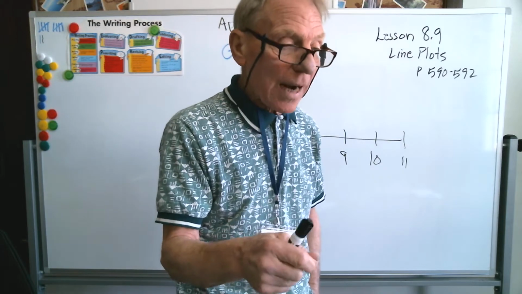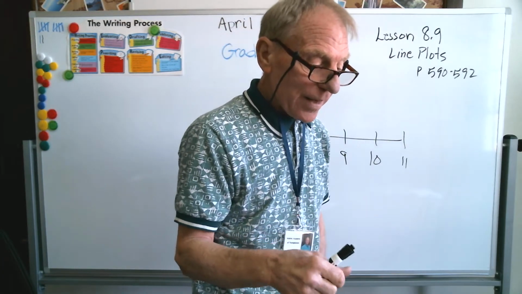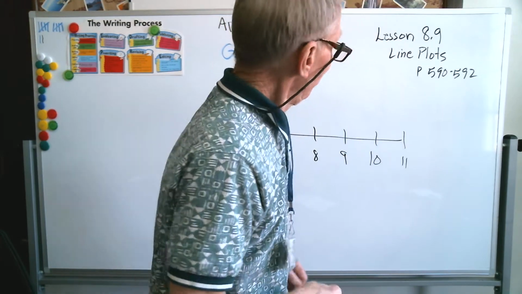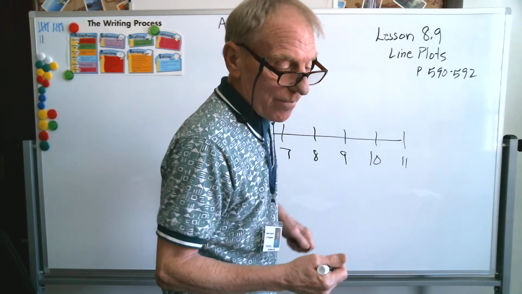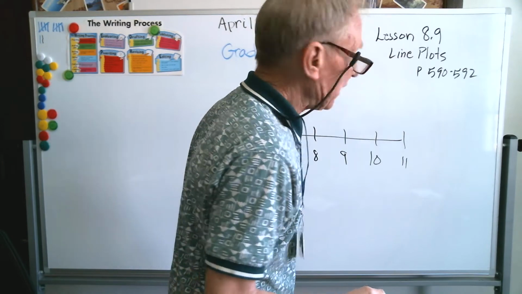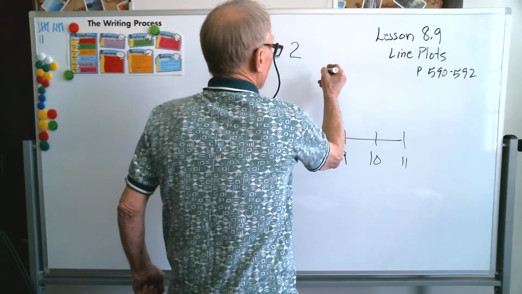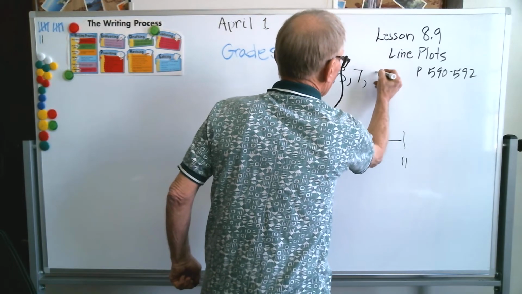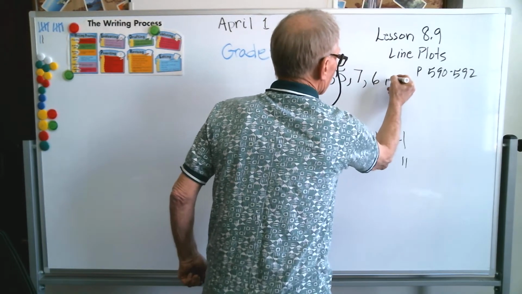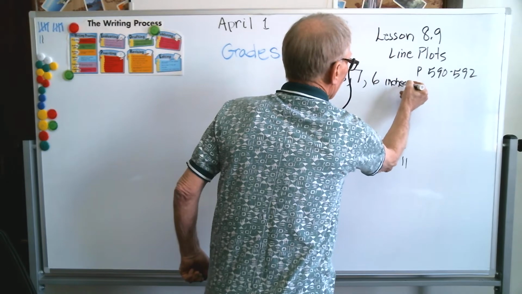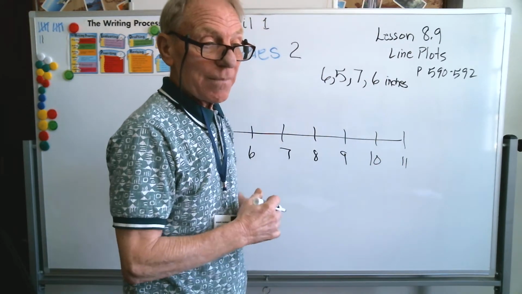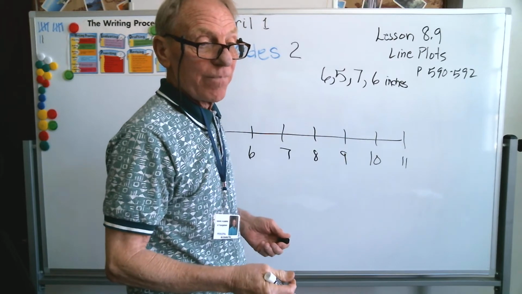So they get the ruler out and they measure the ribbons. And those ribbons, there's 4 of them that they measured. So your data set is 6, 5, 7, 6. And that's inches. They measured the ribbon, and that's what they came up with. They had 4 pieces of ribbon.